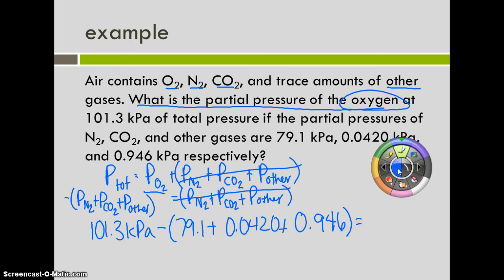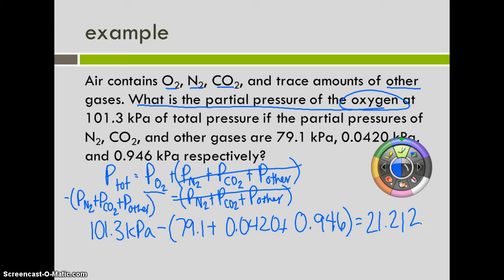and so 101.3 minus 79.1, 0.0420, 0.946. That gives us 21.212.